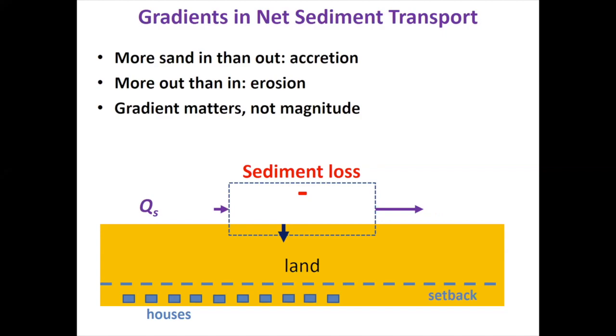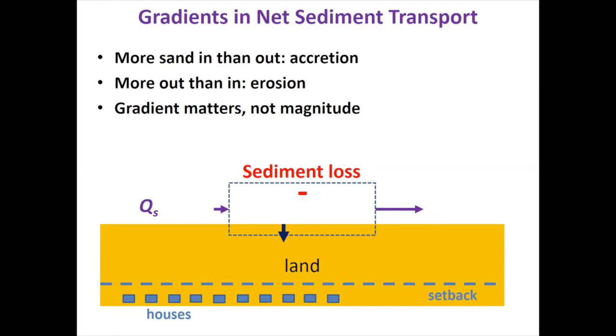And so this just gets to the point that it's often thought that bigger waves mean more erosion. Bigger waves tend to mean more transport, so the magnitude of the net transport would tend to be bigger as the wave heights got bigger, or as the wave climate featured more bigger waves, but that doesn't necessarily equate to more erosion.